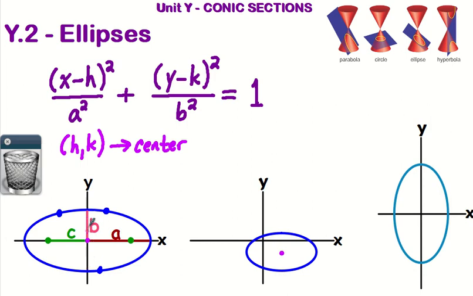So here, this would be your whole minor axis, and this whole thing right here would be your major axis. And this would be your major radius, which is also sometimes called your semi-major axis. Semi-major axis. And this would be your semi-minor axis.